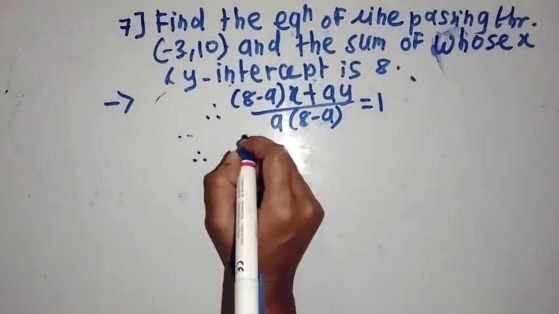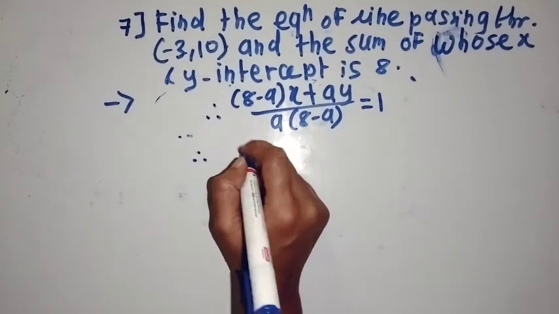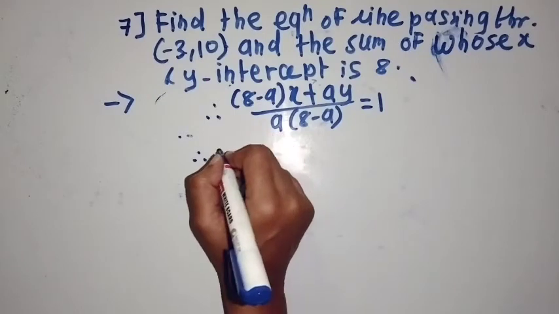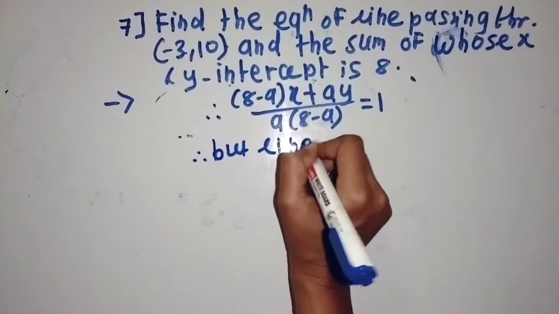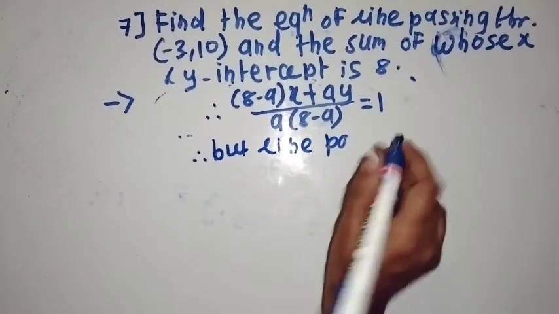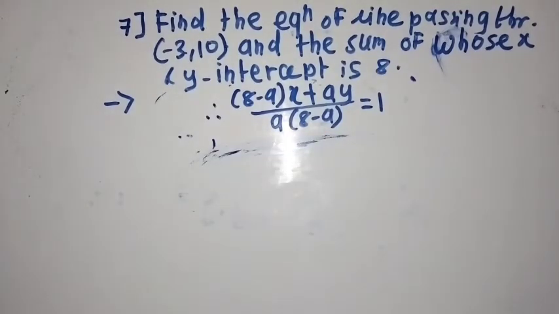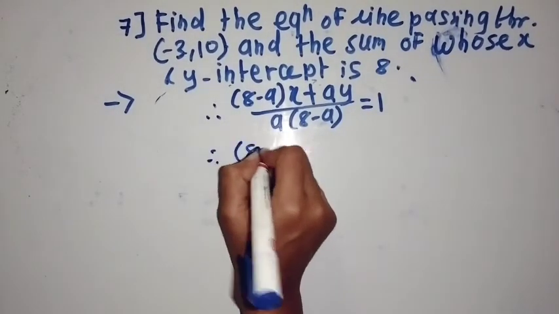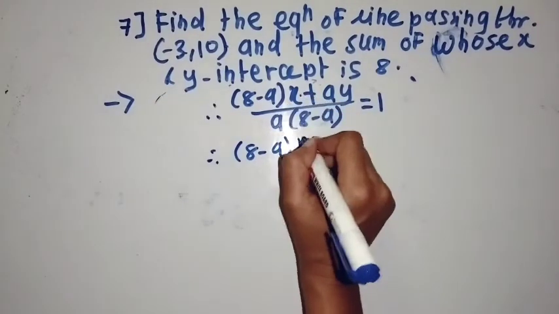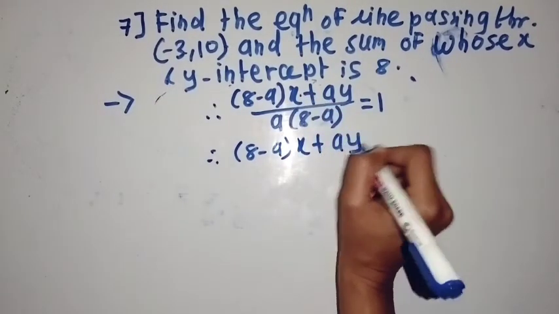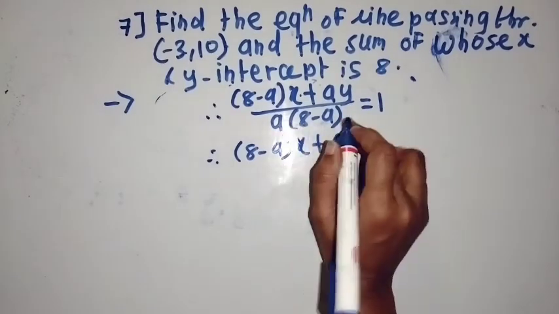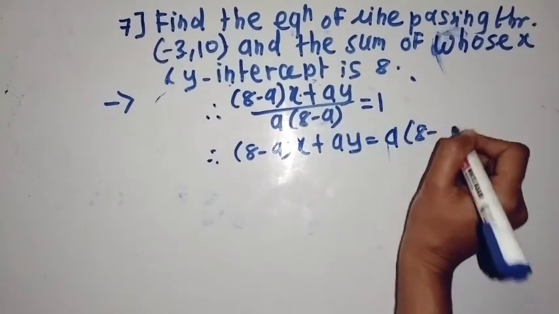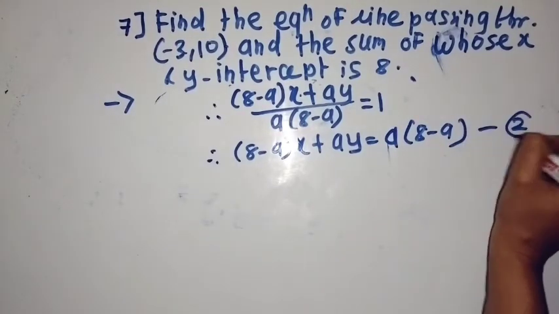Hence we get 8 minus a into x plus ay is equal to a into 8 minus a. This is the second equation.